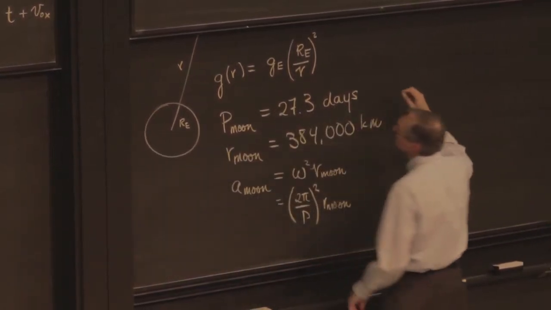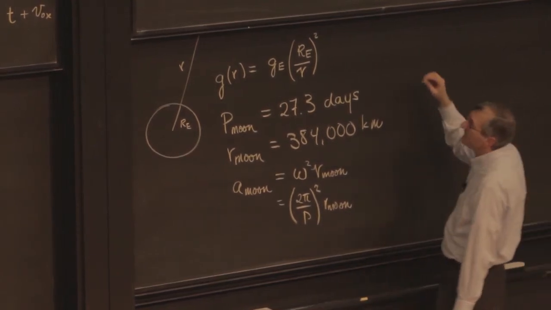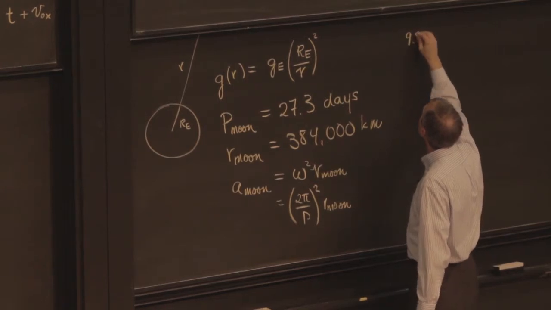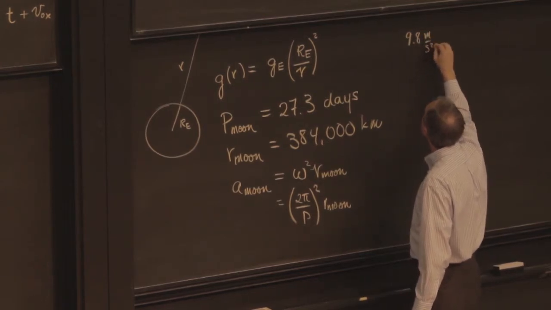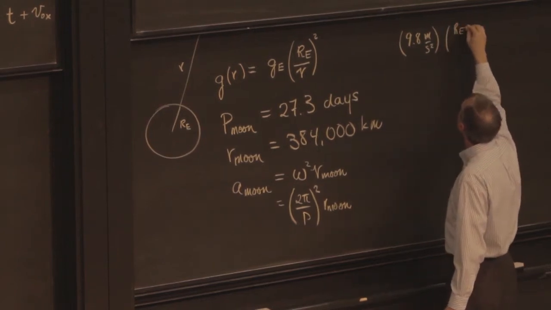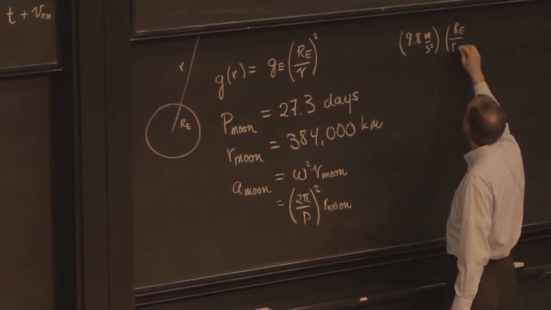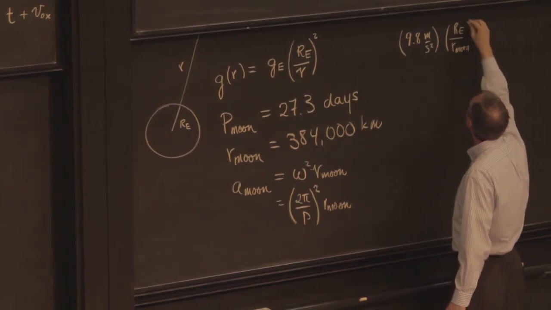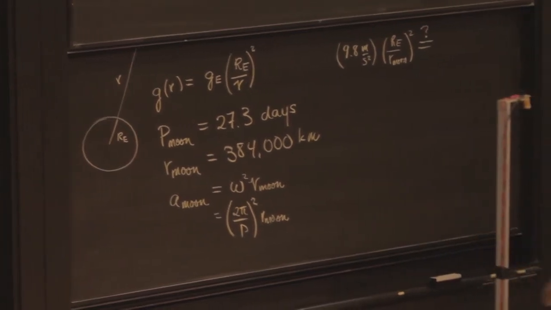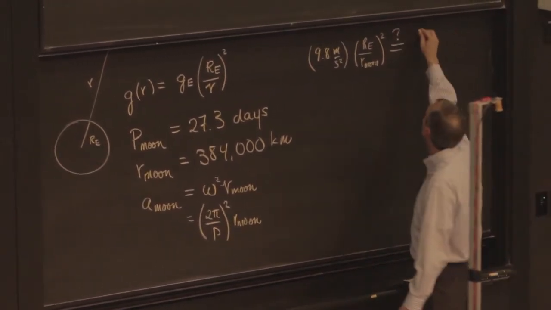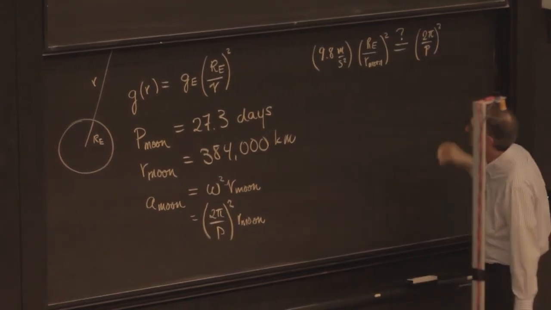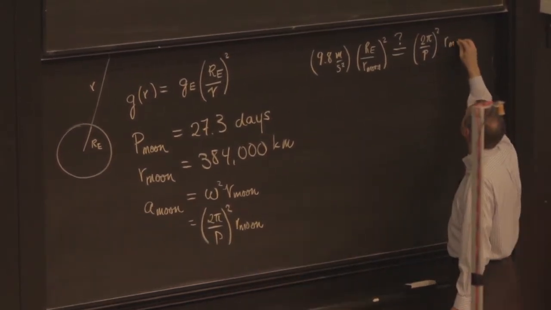So the question is, if we compare 9.8 meters per second squared times the radius of the Earth over the distance to the moon, squared, does that equal 2 pi over the period squared times the distance to the moon?